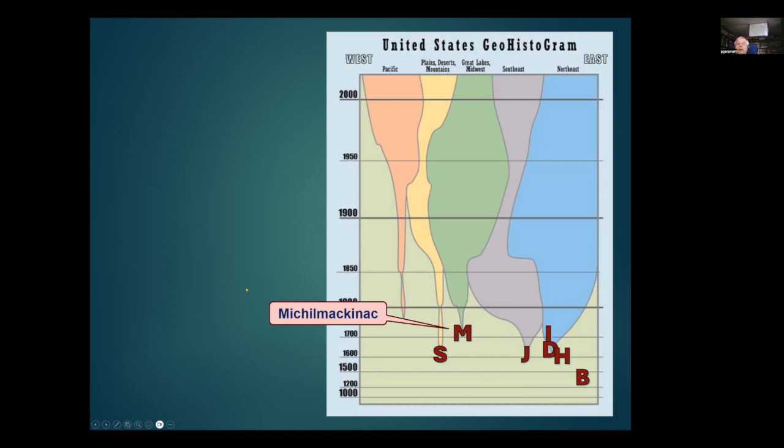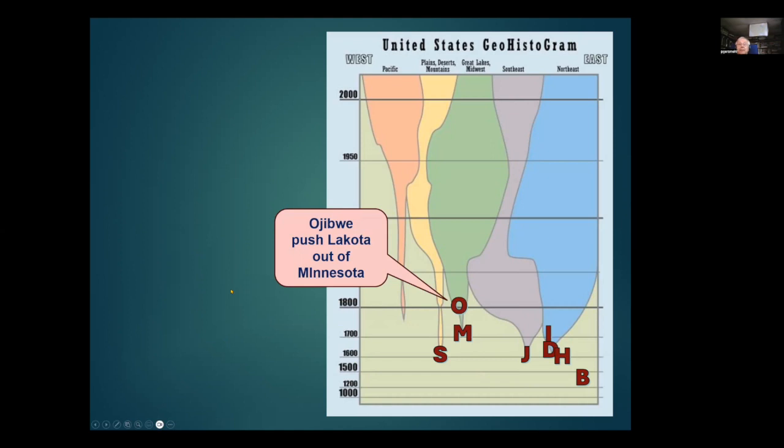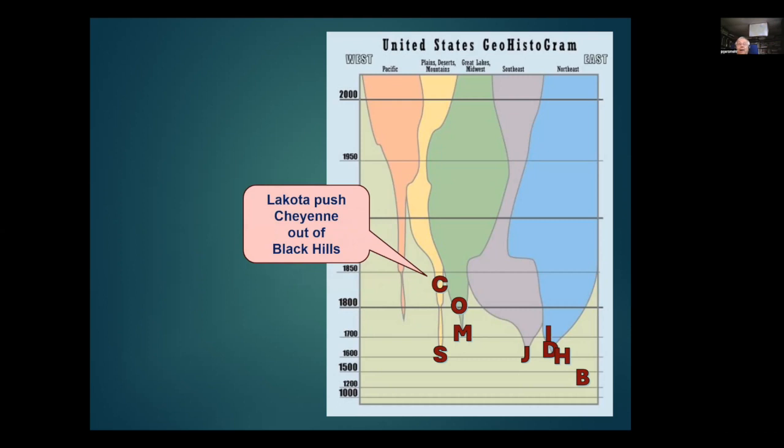Blue is the Northeast, green is the area around the Great Lakes, and so on. With the new guns that they bought from the French traders in Michilimackinac, the Ojibwe pushed the Lakota out of Minnesota.